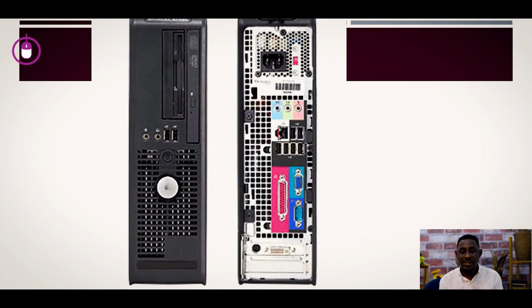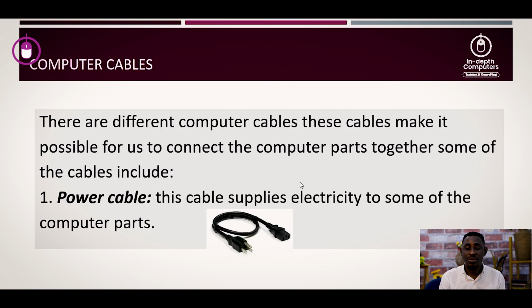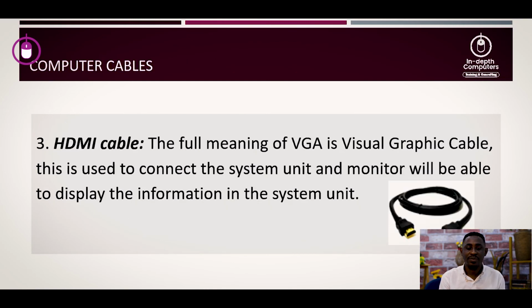If you want to connect the HDMI to the computer system, you connect it to one of these ports here. But this system unit doesn't have an HDMI port, though a lot of system units do. So because the system unit does not have an HDMI port, we would use the VGA cable to connect the system unit to the monitor.